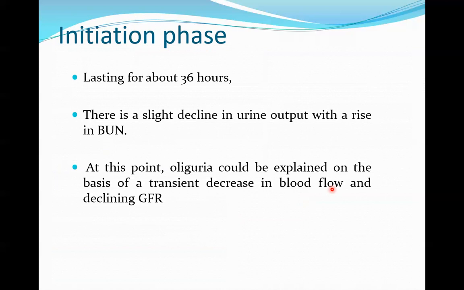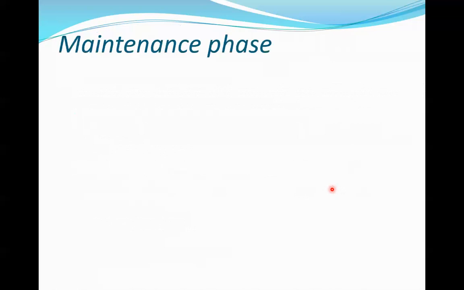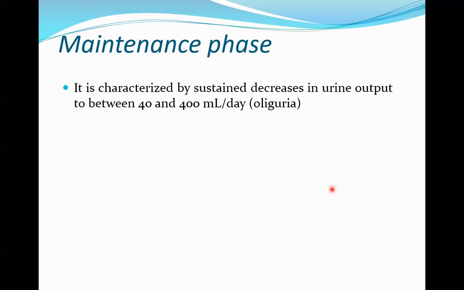At this point, oliguria could be explained on the basis of transient decrease in the blood flow and decline in GFR. So at this stage it is azotemia. We are not calling this thing uremia. Still it is azotemia. So the signs and symptoms have not developed enough. In the maintenance phase, as things go further wrong, it is characterized by a sustained decrease in urine output, between 40 to 400 milliliters per day, which is oliguria.